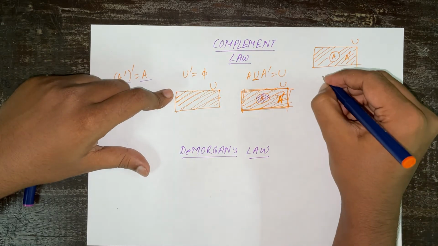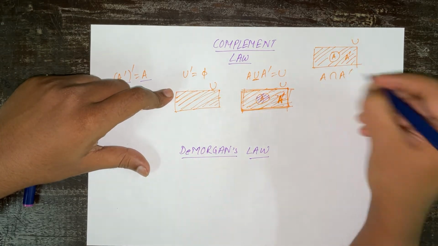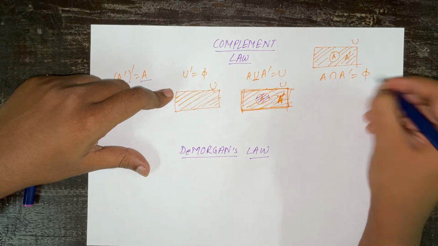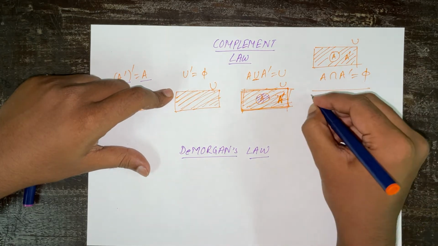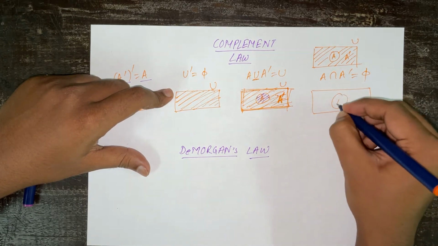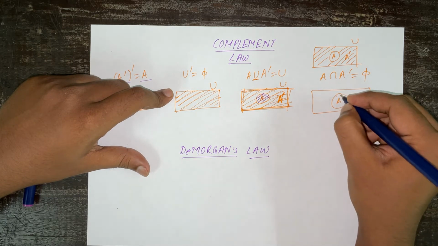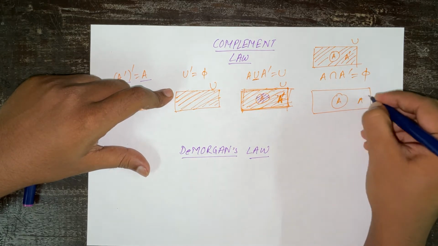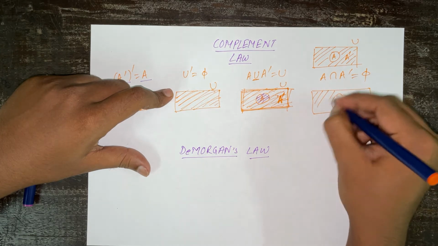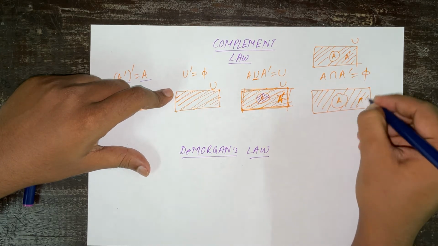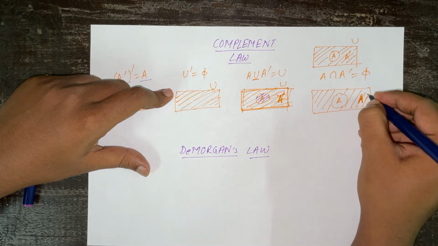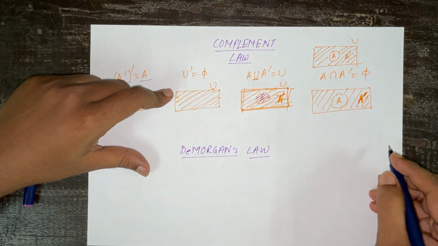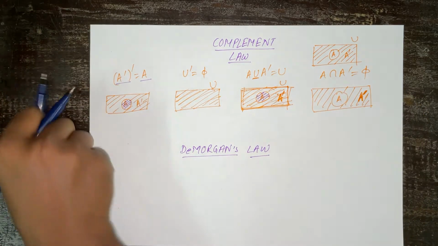And the final one that we have is A intersection A complement. It gives phi. How does that work? We take a set A. Now A is this region and this region is the A complement, so let's shade it as well. Now we have to find the intersection.